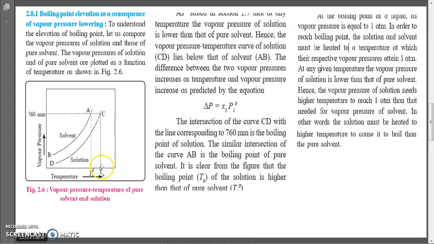The intersection of the curve CD with the line corresponding to 760 mm gives the boiling point of the solution. The similar intersection of the curve AB gives the boiling point of the pure solvent. It is clear from the figure that the boiling point Tb of the solution is higher.